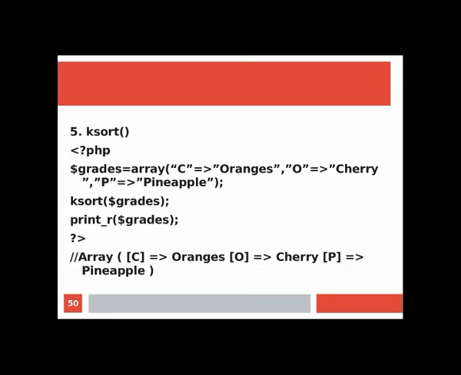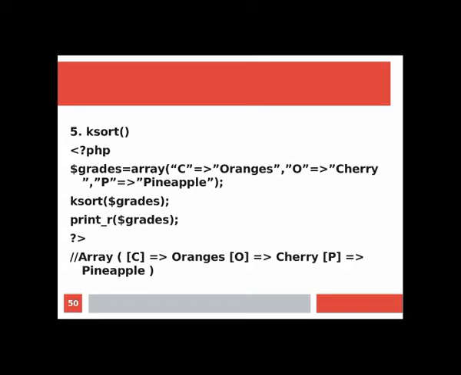Then to print the complete array, here print_r and in bracket array variable, that is $grades, semicolon, end of the PHP tag, and here I told that the ksort function sorts the keys of arrays in ascending order. So here it will be sorting on keys.